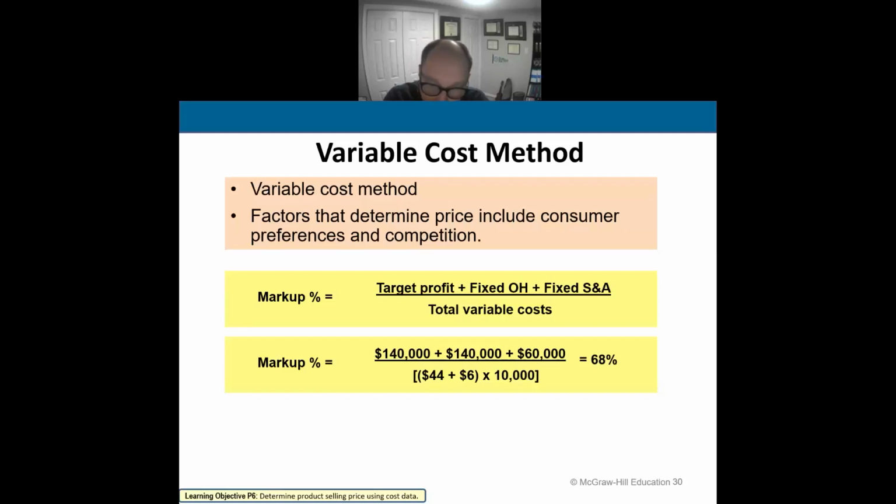How do I find total variable cost? It's your variable costs per unit, direct materials plus direct labor, times the number of units that you plan to sell. That will get you your total variable cost. So your target profit plus your fixed cost divided by your total variable cost equals your percent markup. In this example, 68%. So how much do we sell it for?